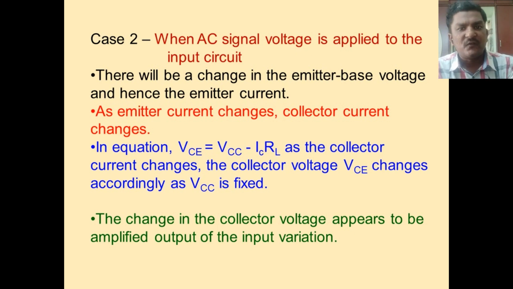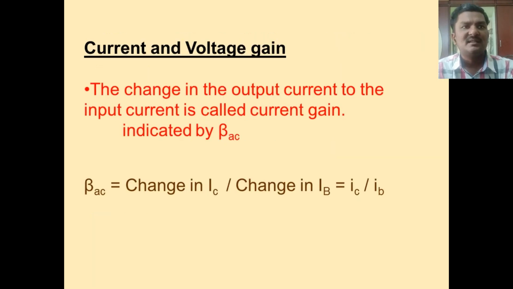So for an amplifier, we can define current gain, voltage gain and power gain. Already in the previous videos I mentioned that. Current gain is nothing but the change in output current to the input current, and it is denoted by beta in common emitter configuration.